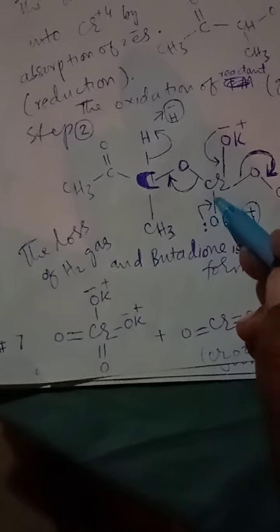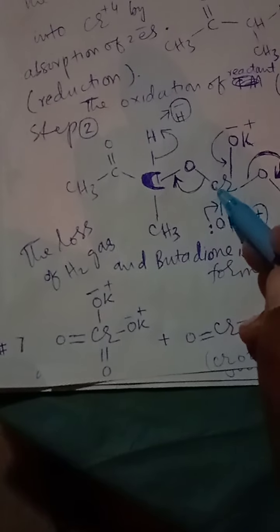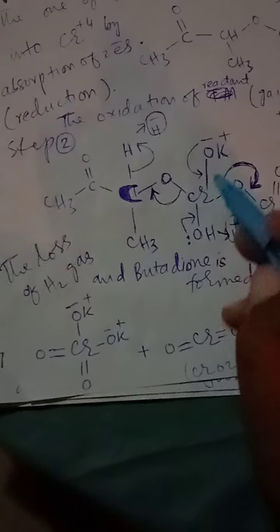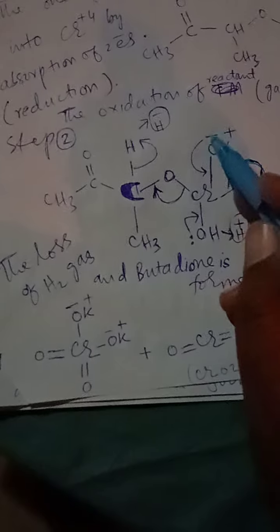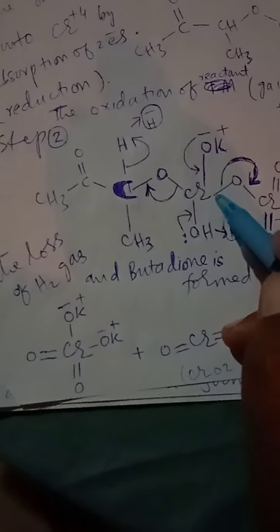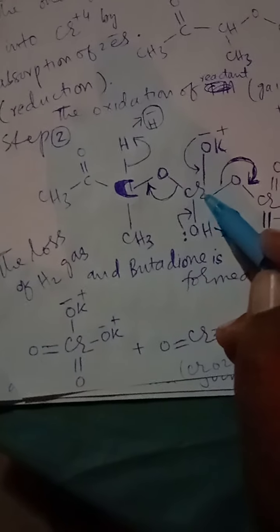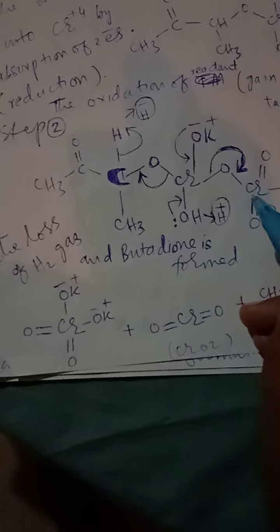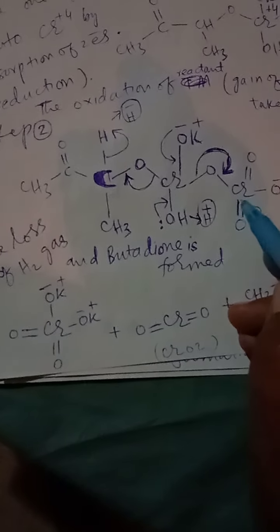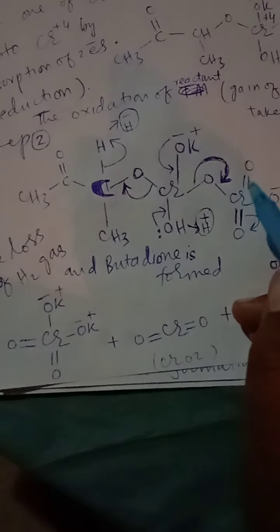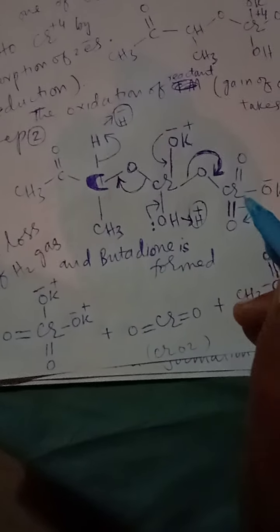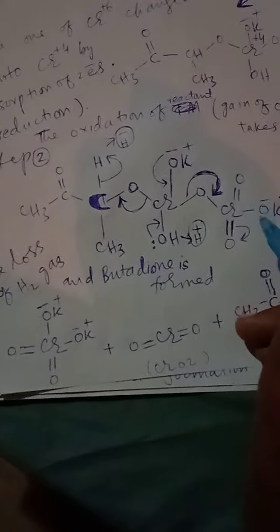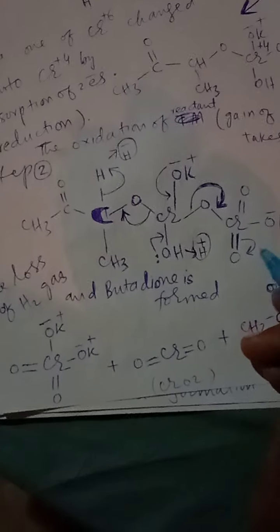Here, O double bond Cr, O Cr double bond O, Cr double bond O is formed, and C double bond O, Cr single bond O negative, double bond O, and O negative K positive.